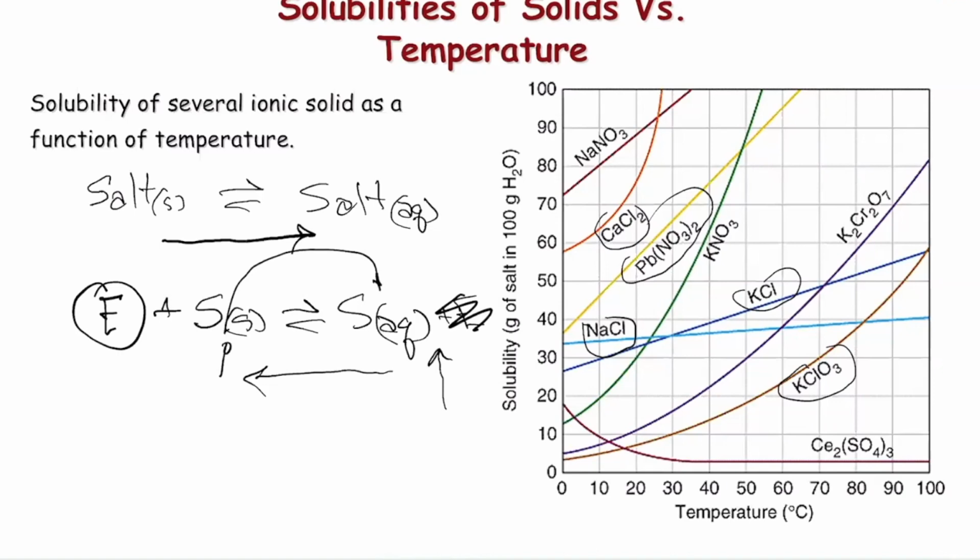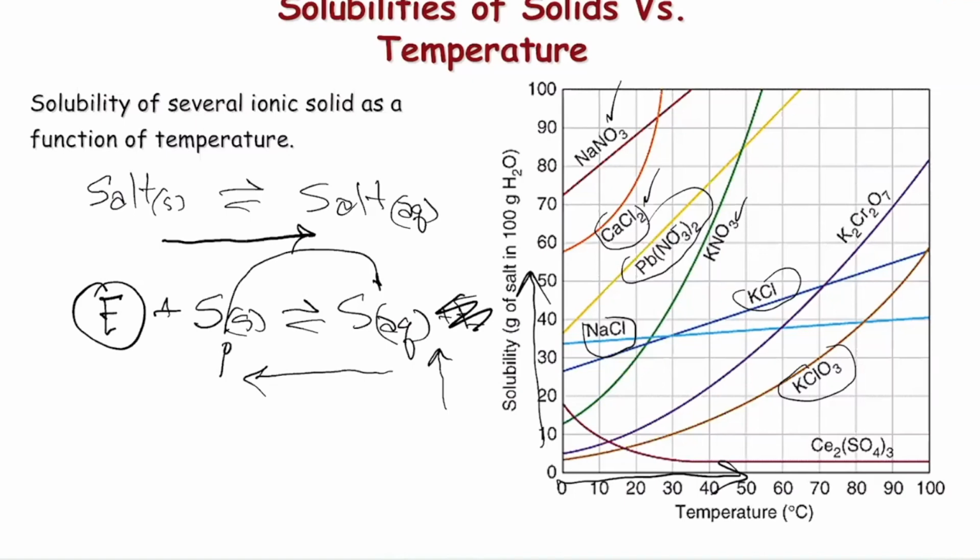Okay, so we look at our result to give us an idea of the thermicity of the reaction. Those are questions I generally ask in your next quiz. So for these salts right here, these are all endothermic processes. When you add more heat, the solubility increases.